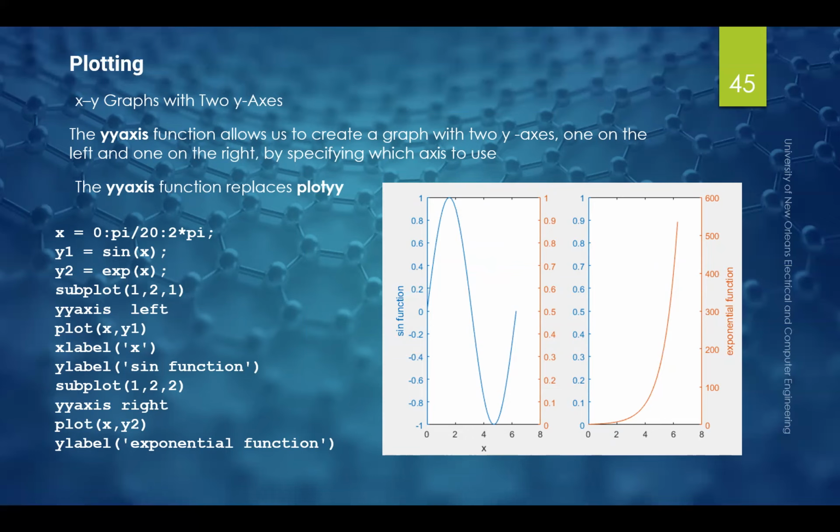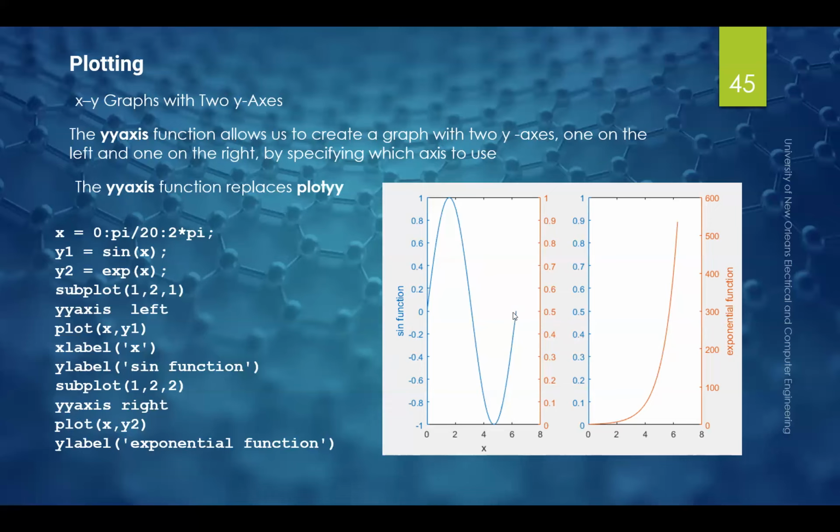It's still being used, but eventually it's going to be replaced completely. Either one can be used to create that effect, but get used to using yyaxis because it's just a newer one.